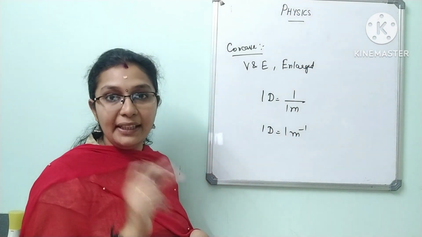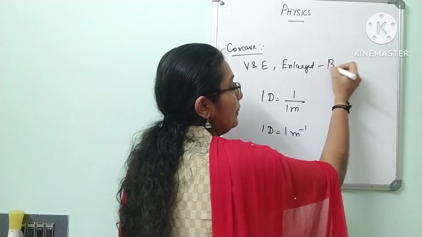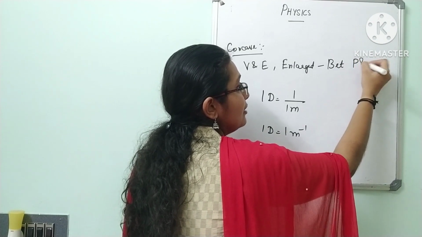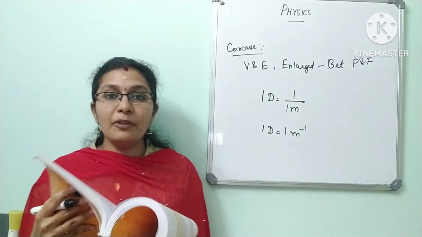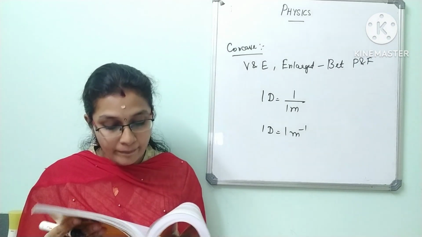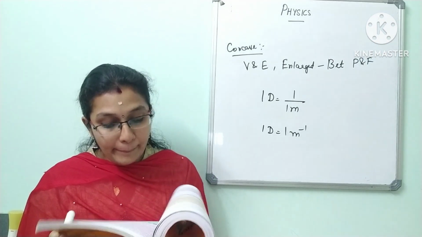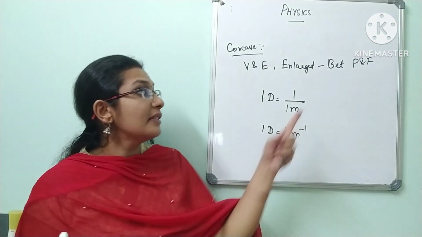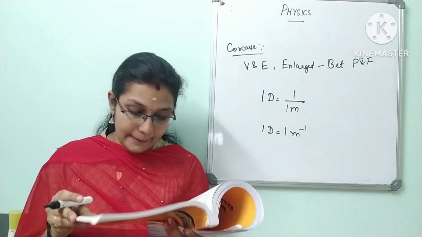Yes or no? That case is between P and F. Now try to compare with the options. Between the principal focus and center of curvature, no. At the center of curvature, no. Beyond the center of curvature, no. Between the pole of the mirror and its principal focus, yes. So the option is D.